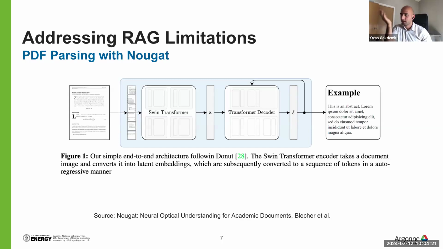And from that vector, you use a transformer decoder to get the text that is in those patches, in those pages. So this is quality parsing, number one. It's one of the legs that RAG stands on.